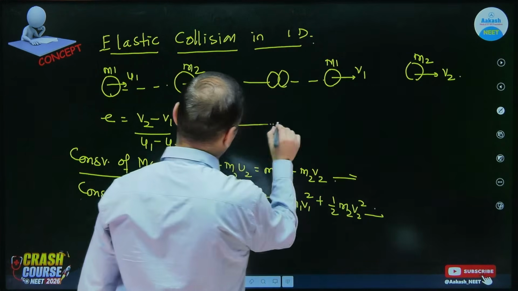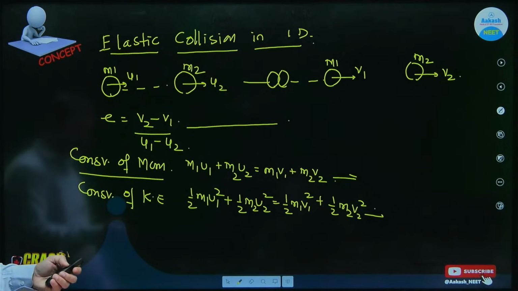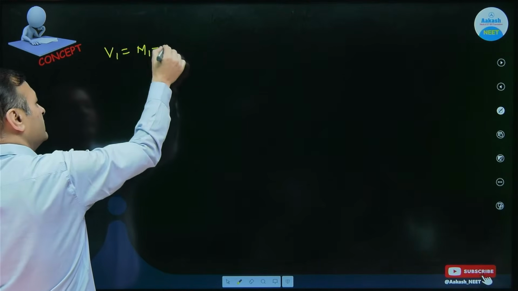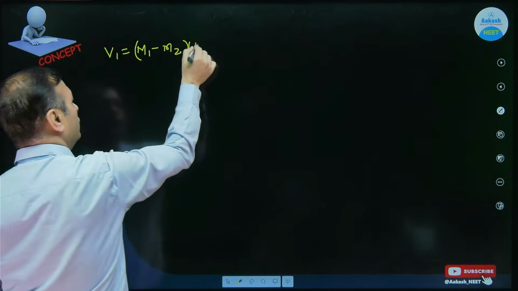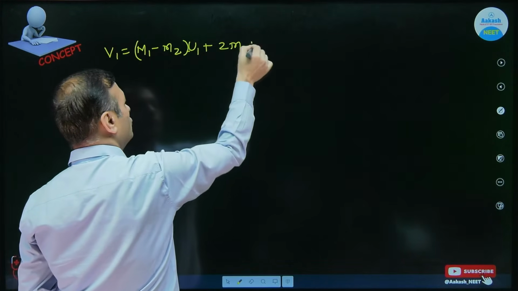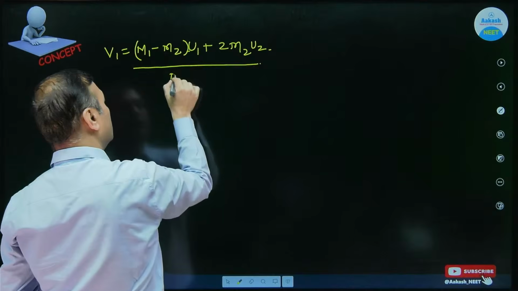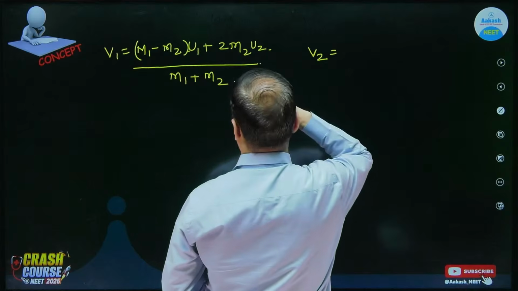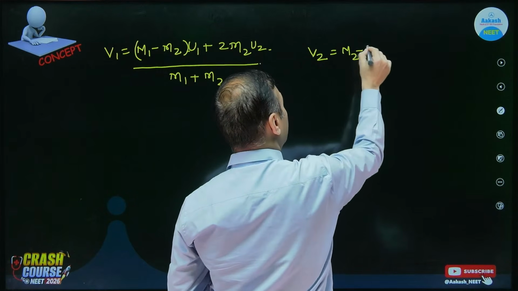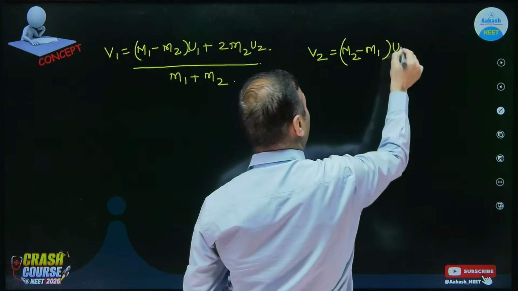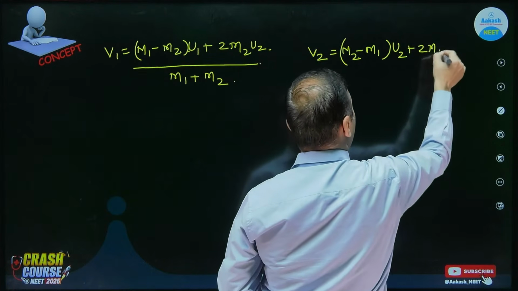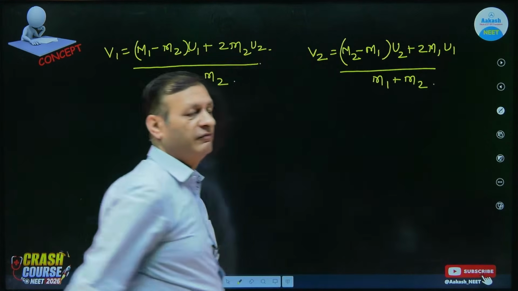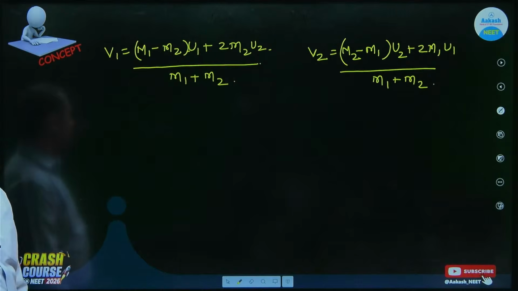So these are the three prime equations we have, and based on this the final velocities after collision can be written as v1 equals (m1 minus m2) u1 plus 2 m2 u2, by m1 plus m2. Similarly, for v2, the final velocity of the second body, (m2 minus m1) u2 plus 2 m1 u1, by m1 plus m2. You got it?